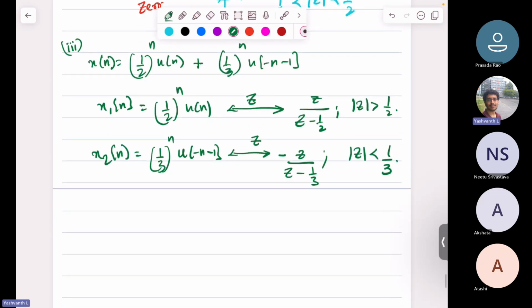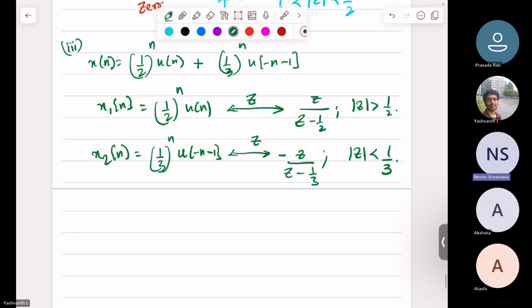Now, what is the common ROC? No common ROC. One will be exterior and another one will be interior. Exactly. So if there is no ROC, what is the z transform X of z?